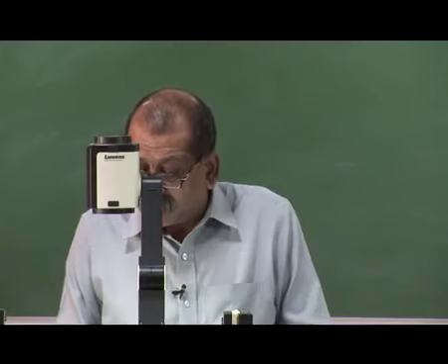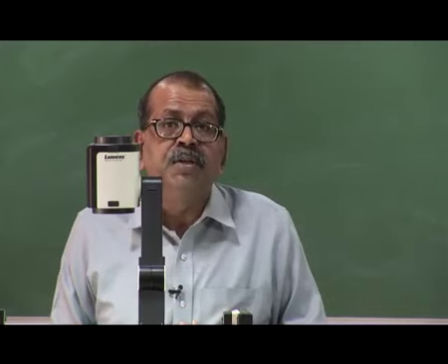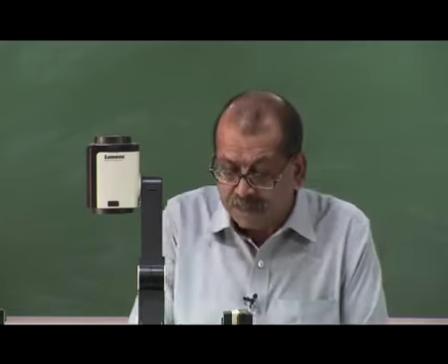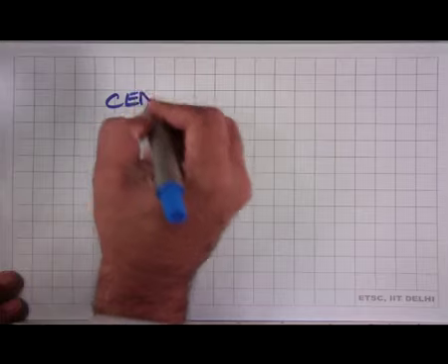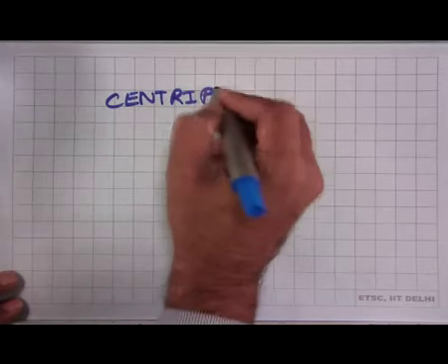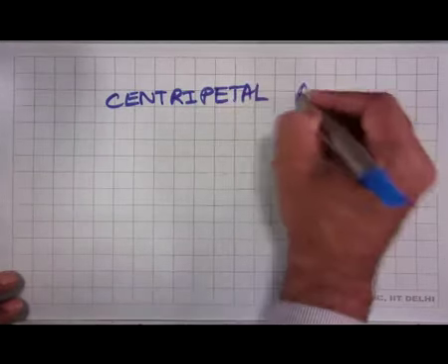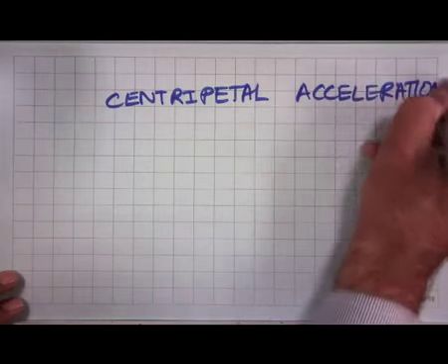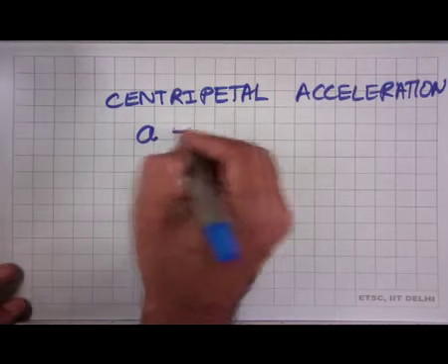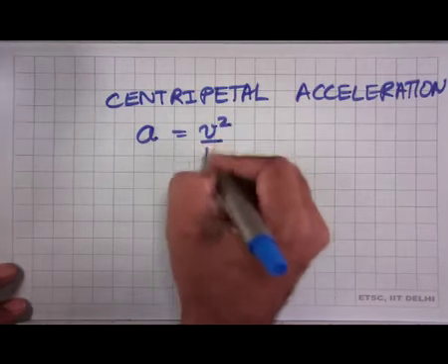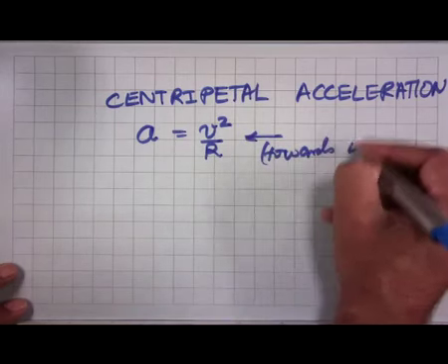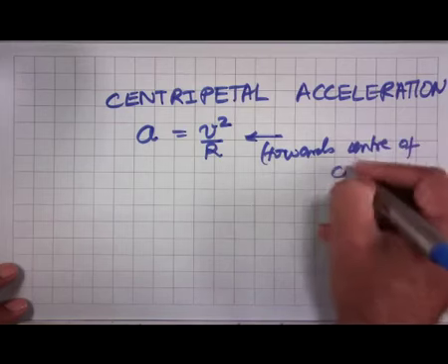And because the speed is constant, we don't have the tangential component. So, the component of the acceleration towards the center of the circle is called centripetal acceleration, and this is equal to v square upon r towards the center of the circle.